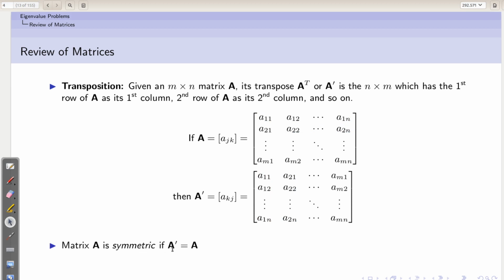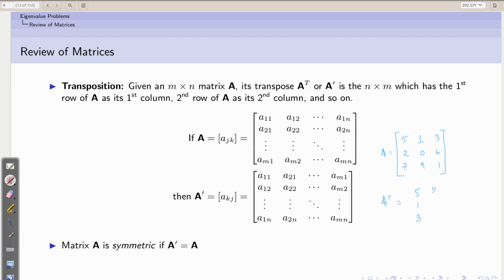A matrix is symmetric if A prime, the transpose of a matrix, is equal to the matrix itself. For instance, if I have a matrix like this, 5 1 3, 2 0 6, 7 9 1, this is a matrix A. If I take the transpose of this matrix, A transpose, the first row 5 1 3 becomes the first column, 5 1 3.